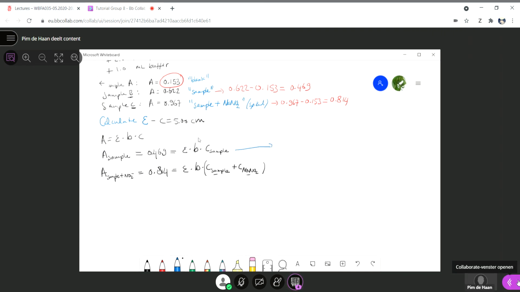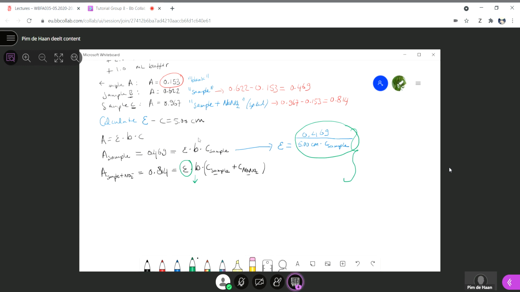Going to rewrite this one to epsilon equals 0.469 divided by b, 5 centimeter, times c sample. Okay? Same stuff as here, but then rewritten, different order. And now we are going to use these two equations, and we're going to substitute this in here.